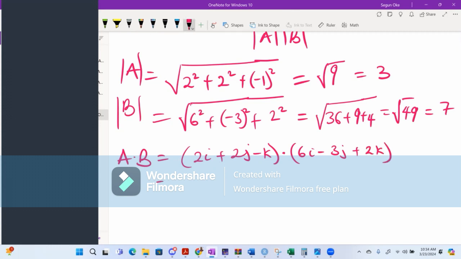So A dot B will be this dot this: 2 times 6, plus 2 times negative 3, plus negative 1 times 2, which is equal to 12 minus 6 minus 2, which is equal to what?